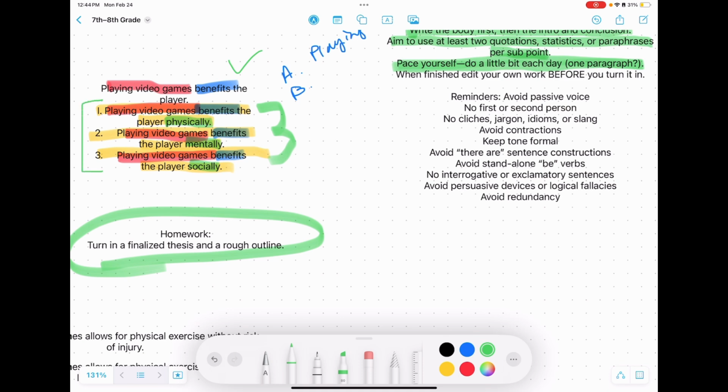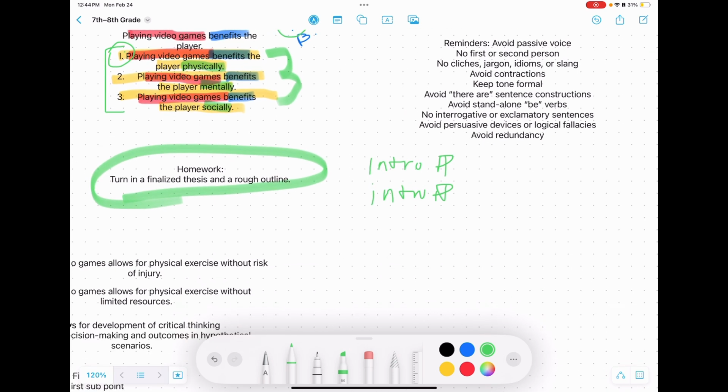And then the first sentence of the next paragraph will be point 1. And then the very next sentence will be your A point. So it will go 1A, and then you talk about it. So it would look like this. Intro paragraph, intro paragraph. The very last sentence is your thesis. The very first sentence will be sentence I. The very next sentence will be sentence IA.